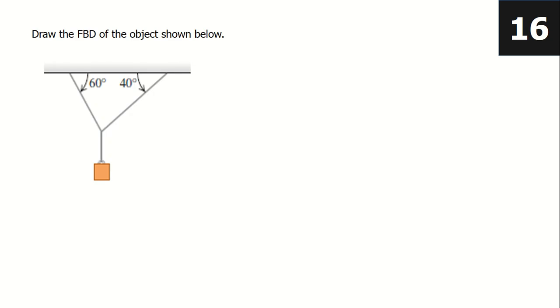Okay, items 16 to 20 will challenge you to draw the free body diagram of the object shown in the figure. So we have an object and it is hanging by a ceiling through the use of, let's say, cables or ropes. So how will we draw the free body diagram for this object?